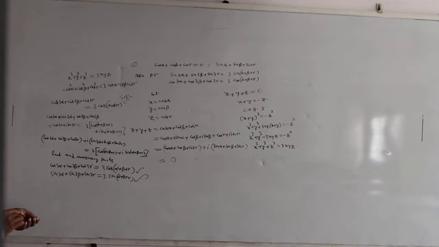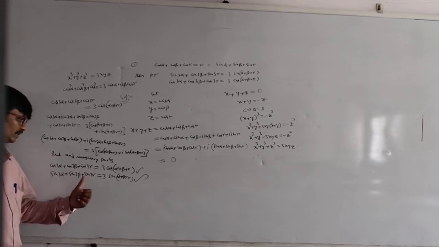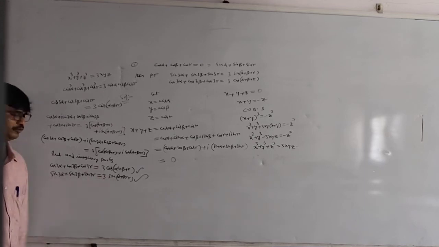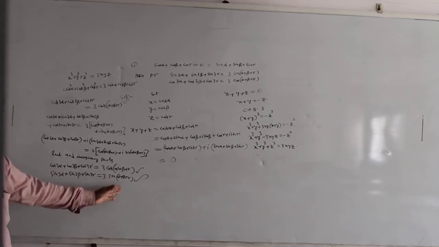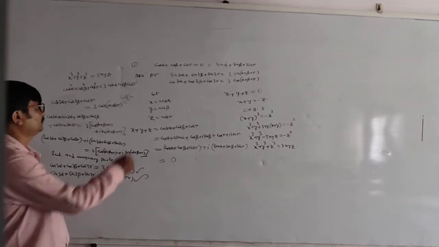Write down students: cos 3 alpha plus cos 3 beta plus cos 3 gamma equal to 3 into cos of alpha plus beta plus gamma. Sin 3 alpha plus sin 3 beta plus sin 3 gamma equal to 3 into sin of alpha plus beta plus gamma. Write down students.